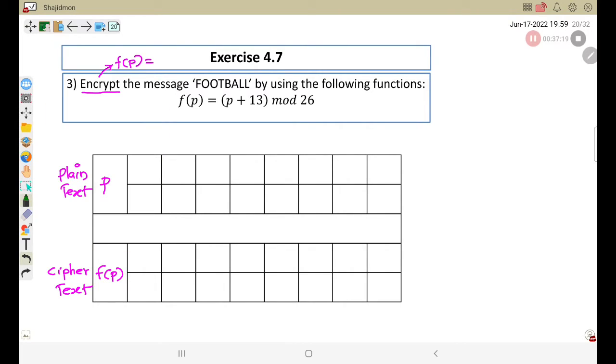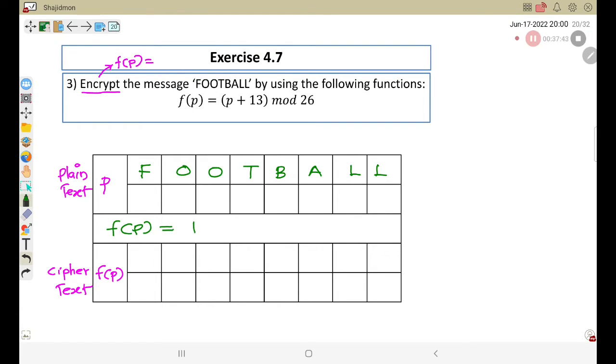So now go to the question. Encrypt the message football. Correct? So F O O T B A L L, football. By using the function F of P equals P plus 13 mod 26. So I am writing the F of P rule in the middle.